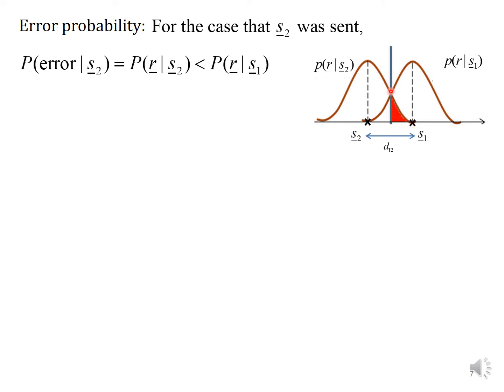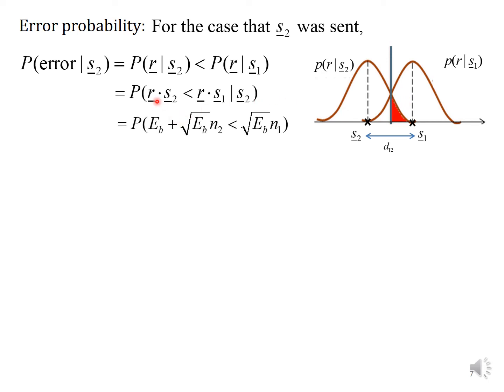That makes the error case. It means S2 was sent, but the correlation of R with S2 is smaller. That is this area.